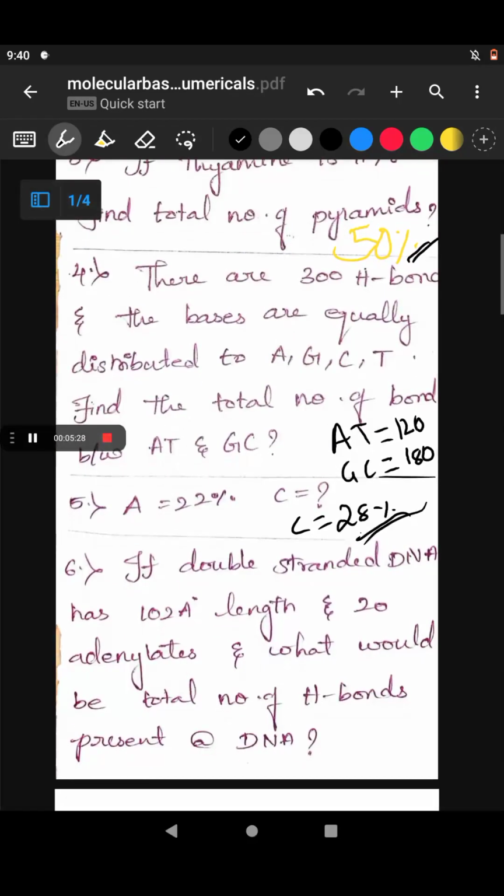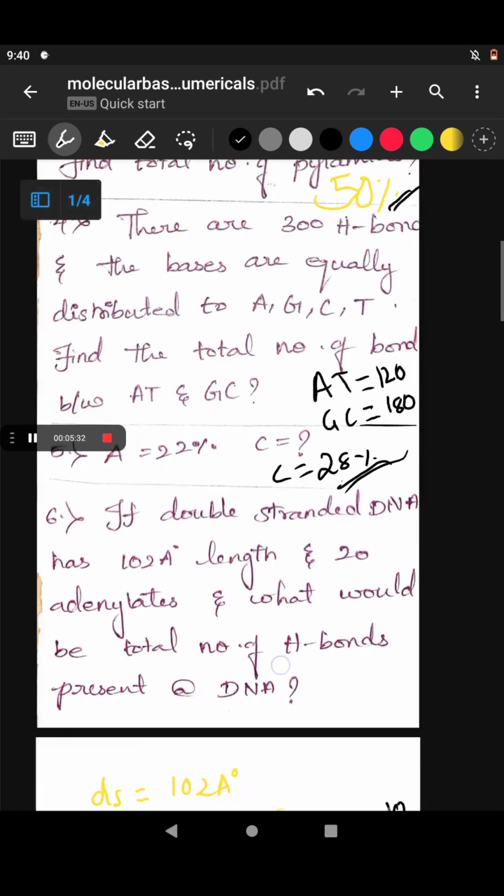So the next question is, if a double-stranded DNA has 102 angstrom length and 20 adenylate, what would be the total number of hydrogen bonds present in the DNA? So you should understand, if you have to find the total number of base pairs, you have to divide 102 by 3.4 angstrom.